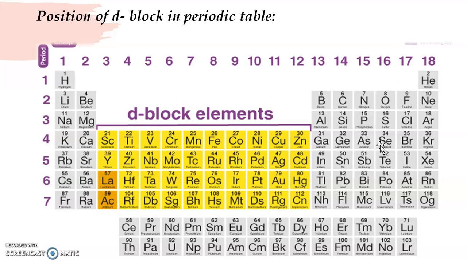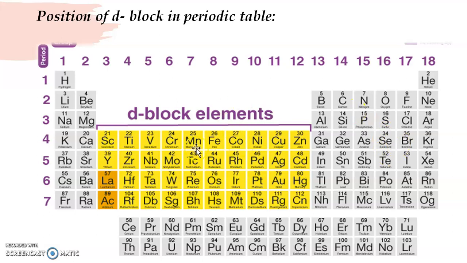These elements have partially filled d subshells in their elementary form or in their simple ions. The D block elements are also called transition elements because they represent a transition from highly electropositive S block elements to least electropositive P block elements.